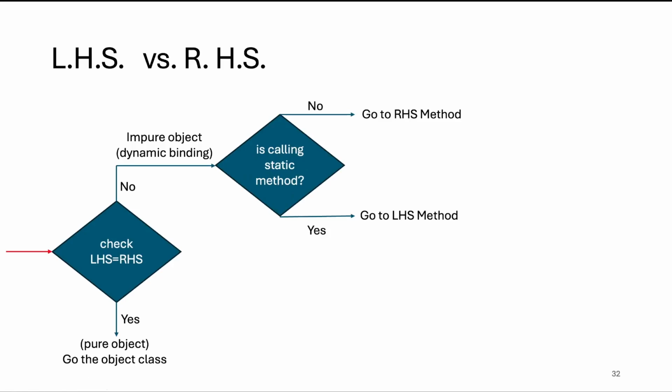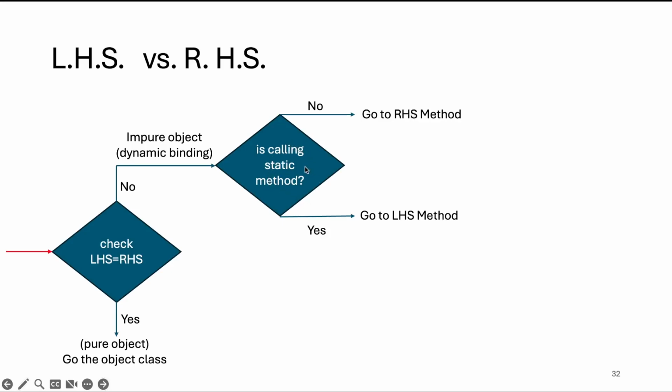If the method is a static method, go to the function that belongs to the RHS class. If the method is static, you have to go to the method of the right hand side, that is, the parent's method you have to call.